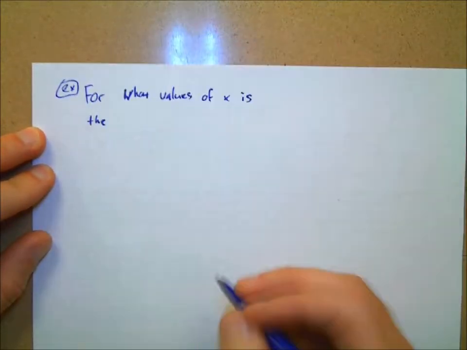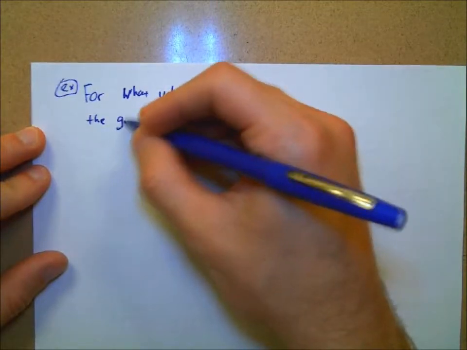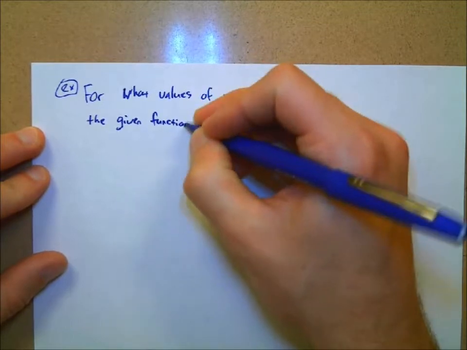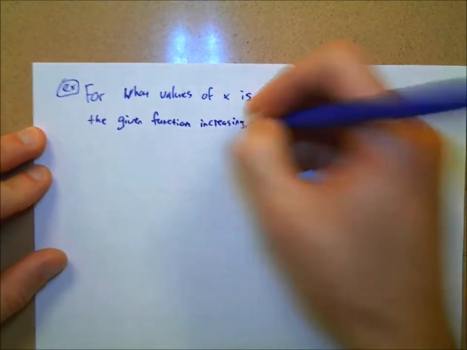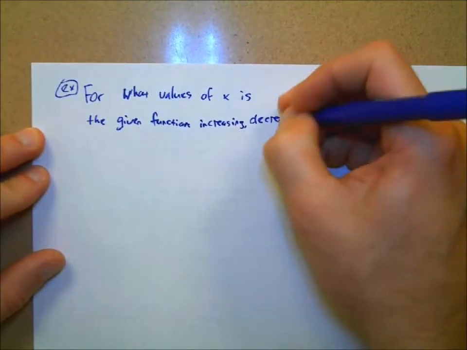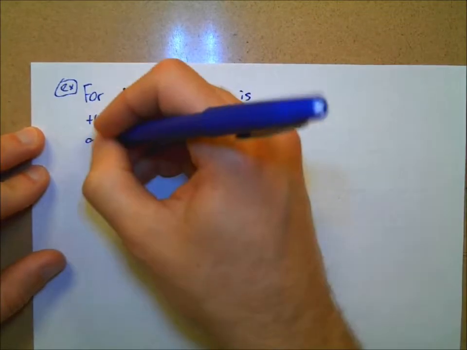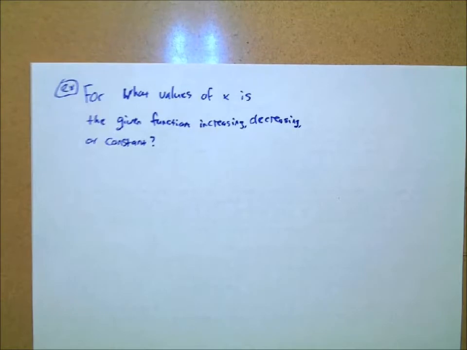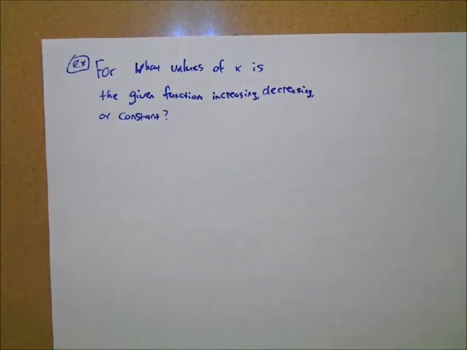For what values of x is the given function increasing, decreasing, or constant? That kind of covers all the bases, I think. I guess it wouldn't be a function if it was undefined, so never mind. Okay. For what values of x is the given function increasing, decreasing, or constant?